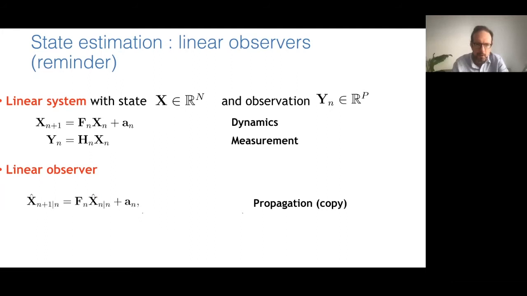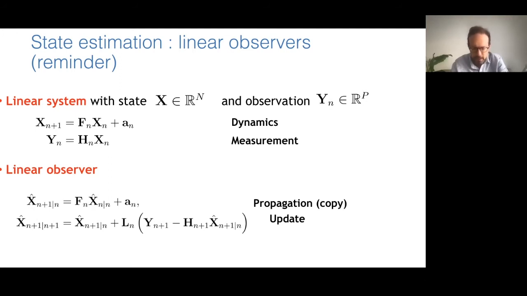They're based on a two-step process. First, you propagate the estimate. The propagation step is merely a copy of the dynamical system. And then at the update step, you correct the estimate of the state in the light of the measurement Y.